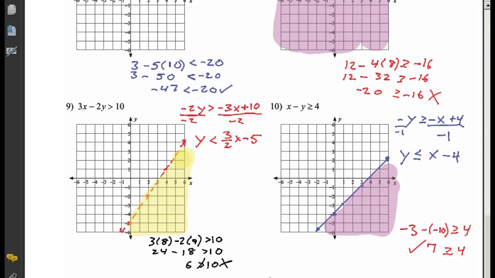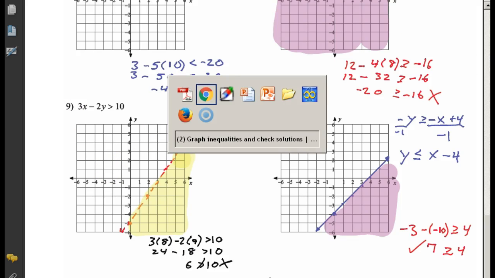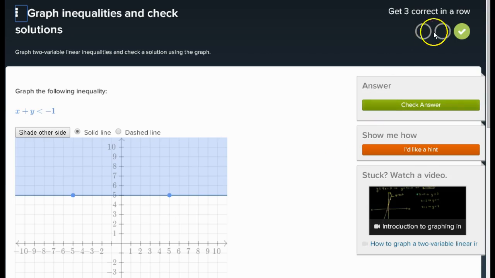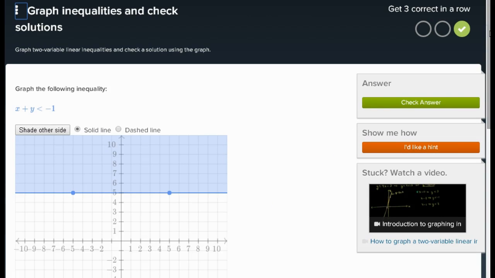Let's go ahead and look at your homework. Okay, so this is the Khan Academy assignment, right? And so you have to do the normal, do the slope, y-intercepts, figure out where it goes. So you can drag 1 point for the y-intercept and 1 point to do the slope.